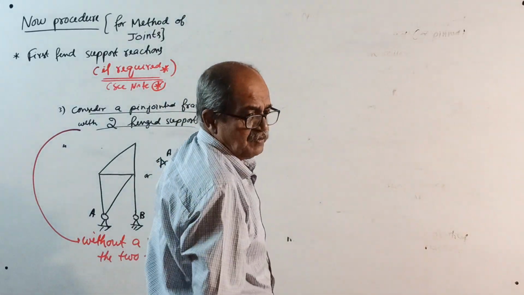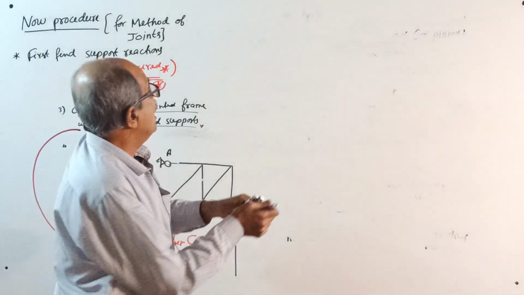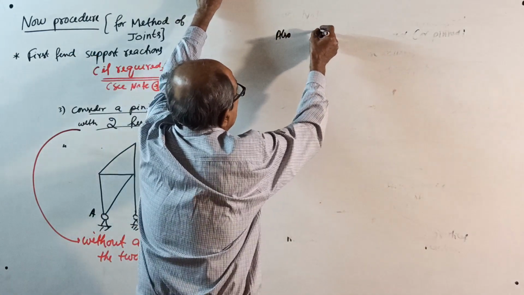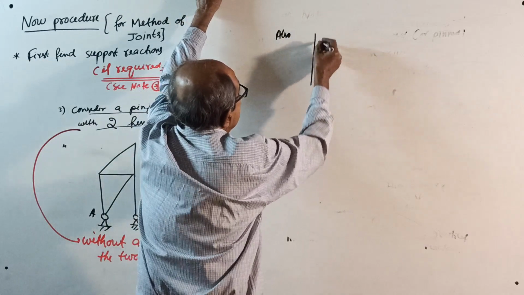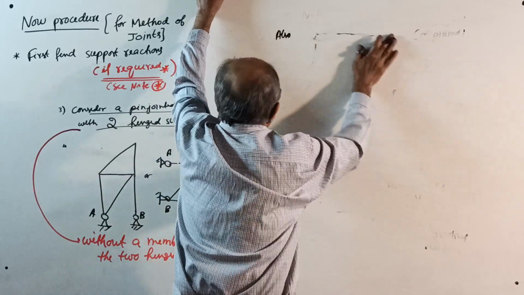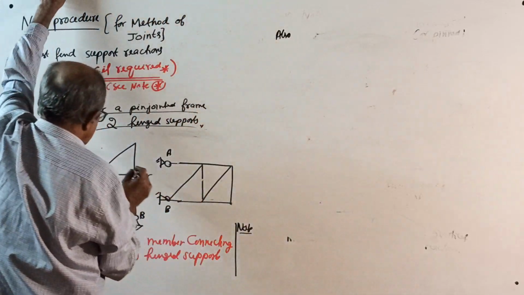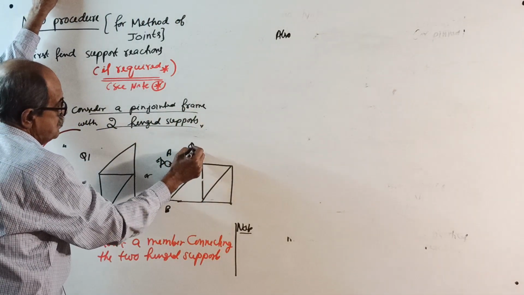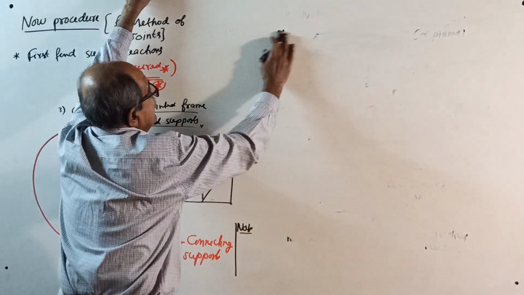And also, see, one more sketch I will give you. Sometimes a question can be given like this. See here, the same question. I will put here question 1, question 2. Or make a note here.